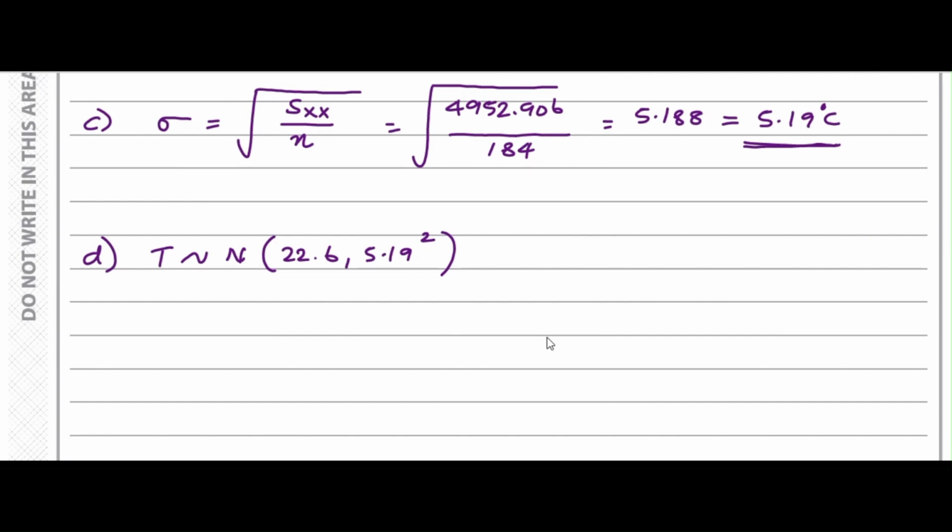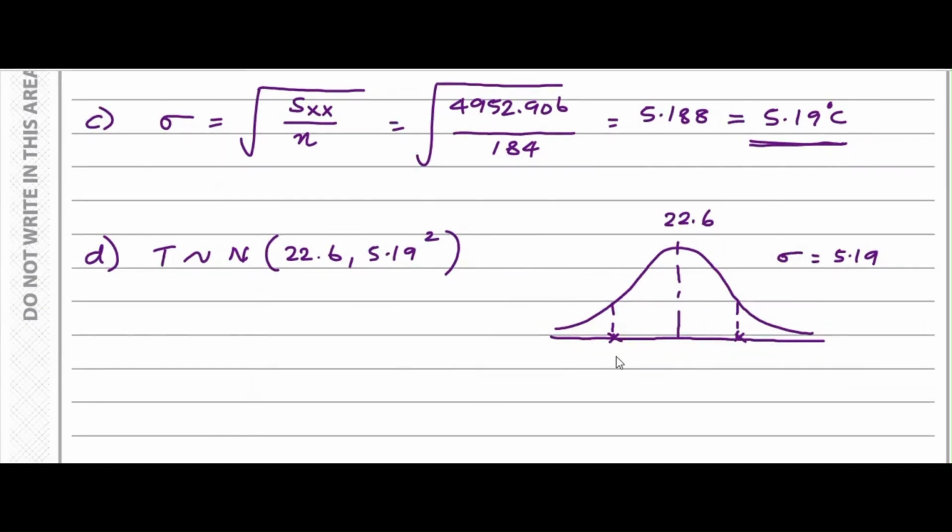So if we draw the normal distribution graph here, this is the mean, which is 22.6. Standard deviation is 5.19. So we are looking at this point and this point. Let us call this A and this B.